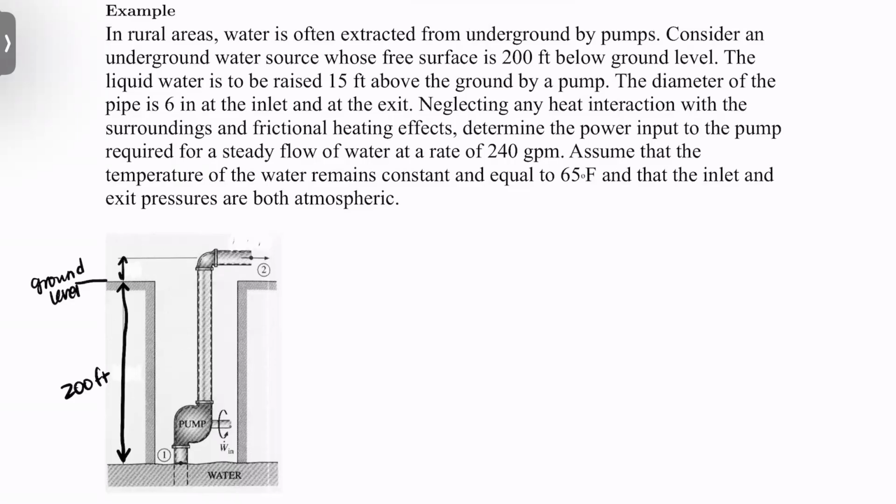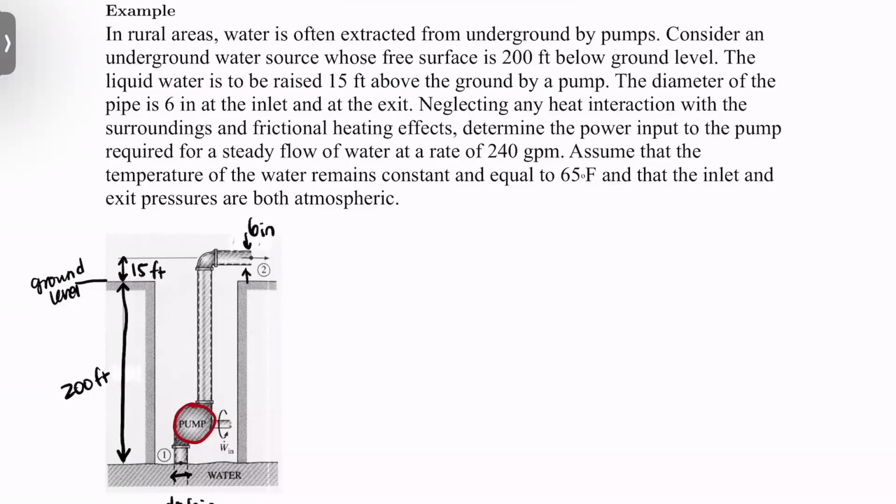So we want to raise it this distance, which is 15 feet above the ground, by a pump, which is shown here. So there's our pump. The diameter of the pipe is 6 inches at the inlet and the exit. So this diameter is 6 inches, and then this diameter is also 6 inches.